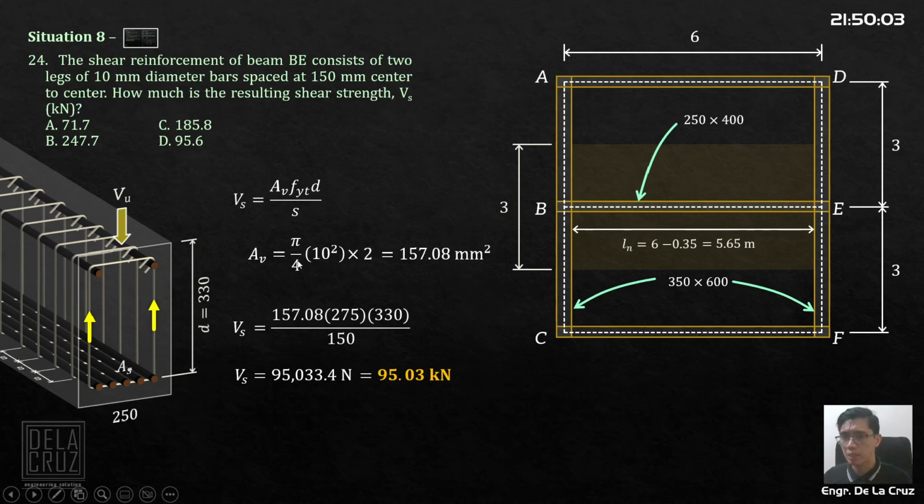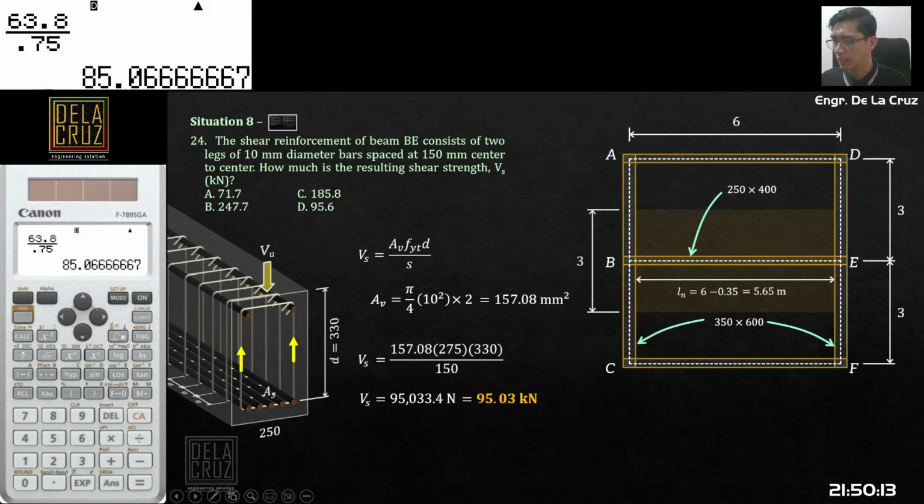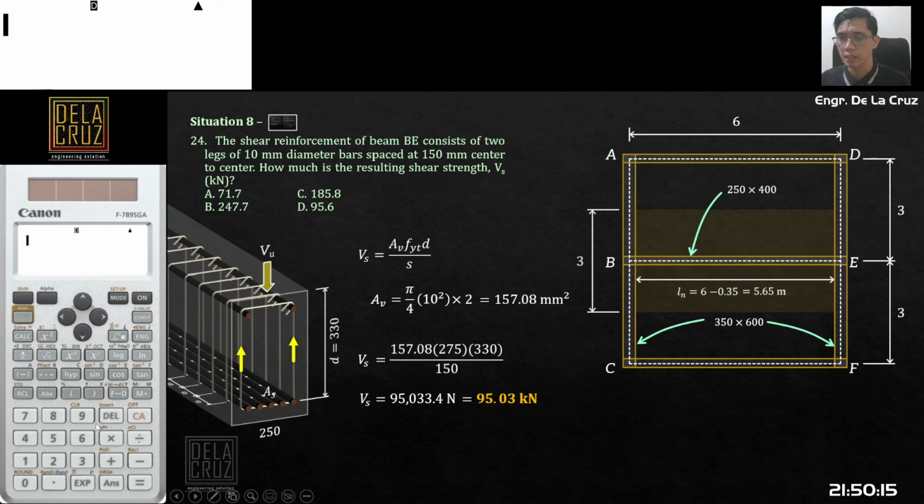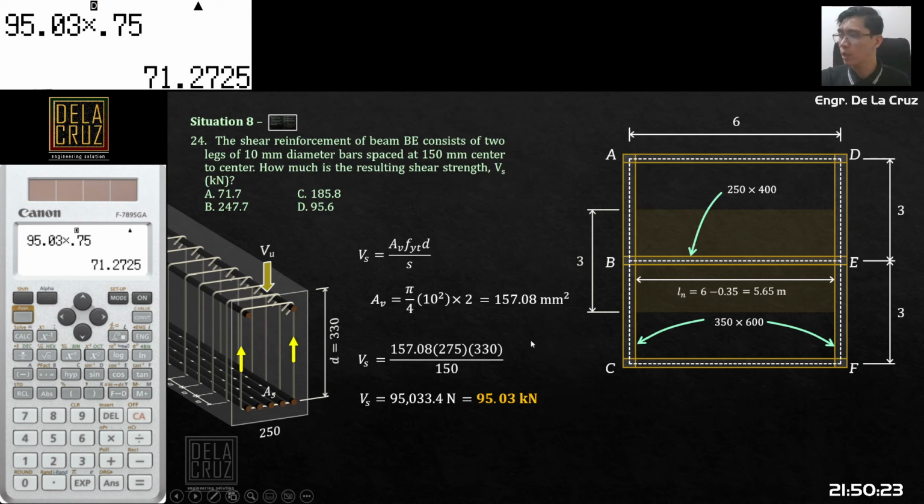I-try na natin siya i-multiply ng phi. Kasi may mas maliit dito sa choice. Ano yung lalabas kung nag-multiply tayo dyan ng phi? Okay, let's try. You have 95.03 times 0.75. We have 71.27. Meron pang 71.27.